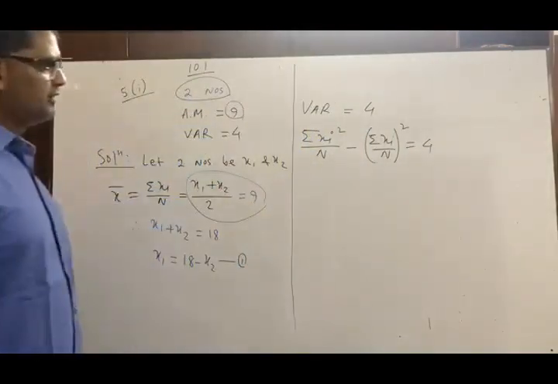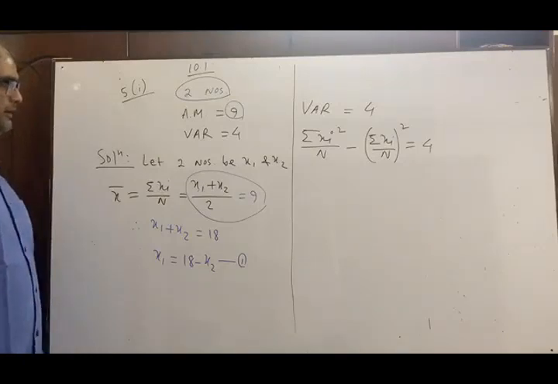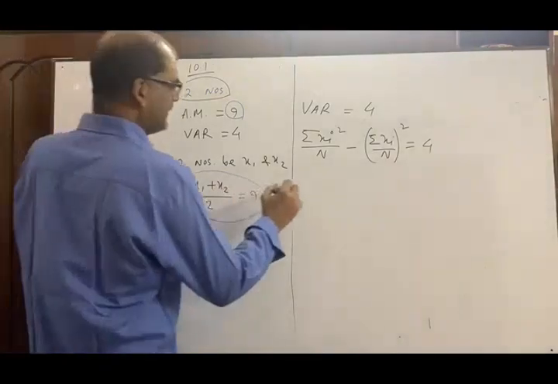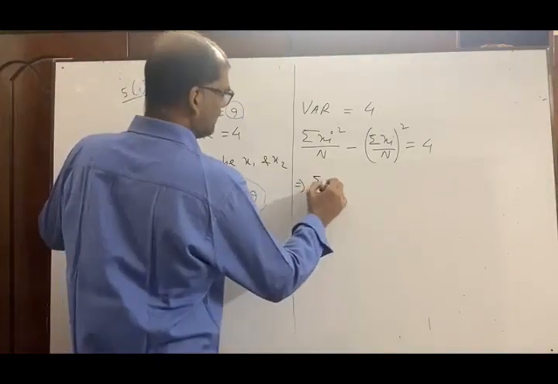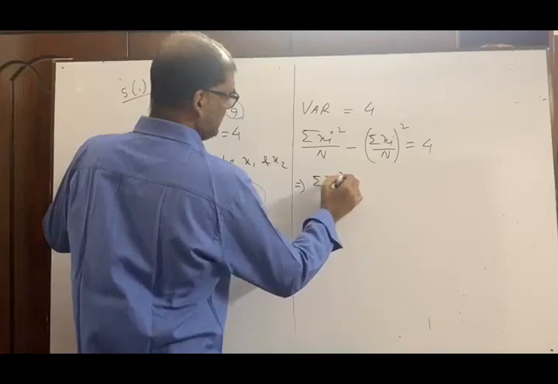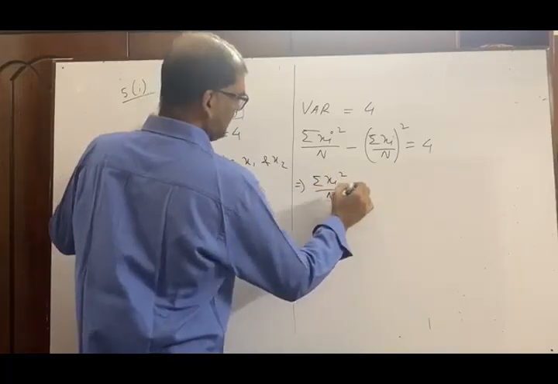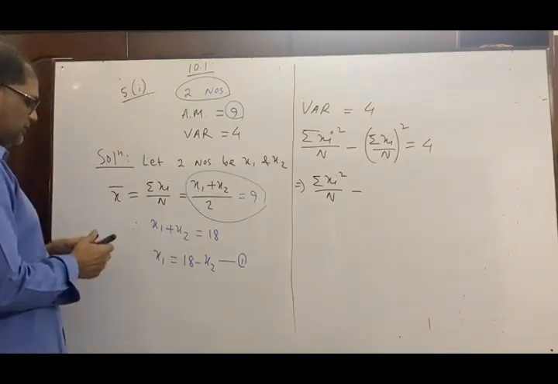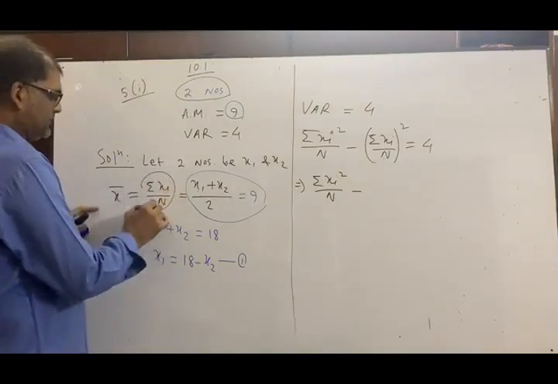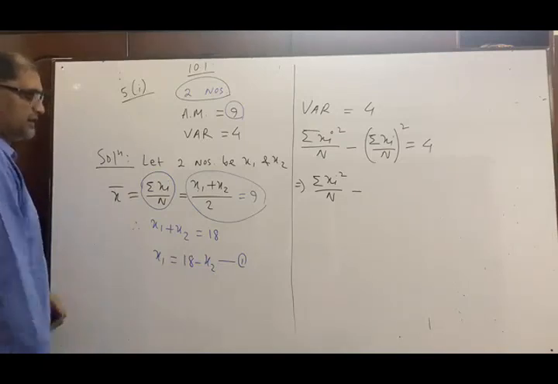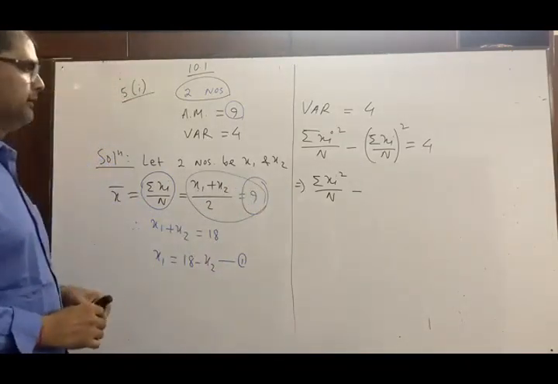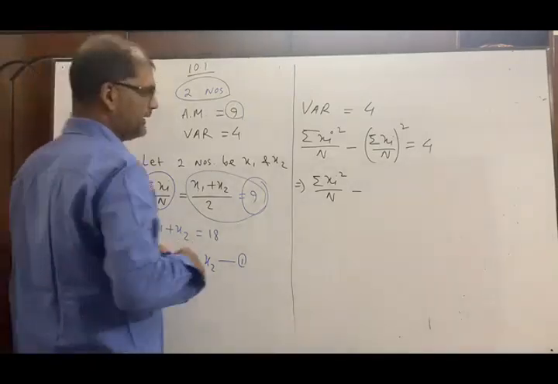Okay, this is the formula. Now we can write here like this, summation xi square by n minus, you see, sum of xi by n is equal to 9. Okay, so I can write here it is equal to 9.